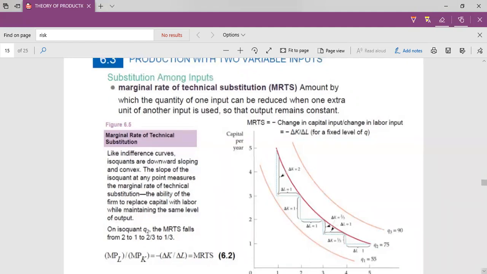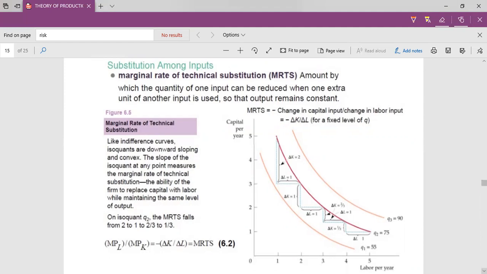For example, you can substitute labor with machines, or you substitute machines with labor. That rate is the marginal rate of technical substitution, which will practically be the slope of the isoquant.